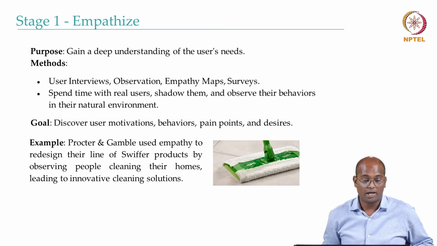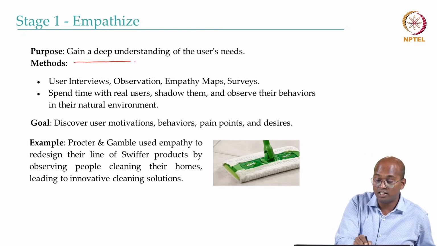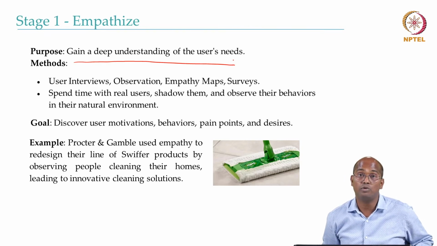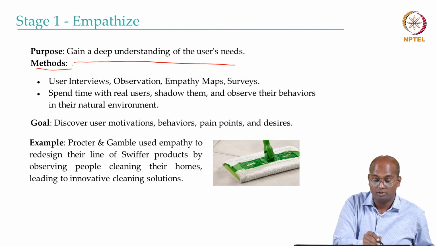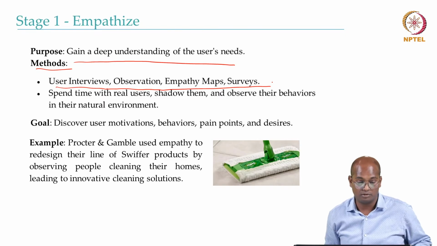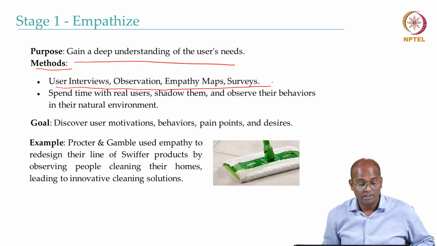So let's come back to stage 1, empathize. The purpose of empathize is to gain a deep understanding of the user's need. How would you get to know the user's need? There are several ways and methods. One way could be user interviews, observation, empathy maps, and surveys. We'll discuss these in more detail in the upcoming lectures. But briefly, using interviews, you may have some structured questions.